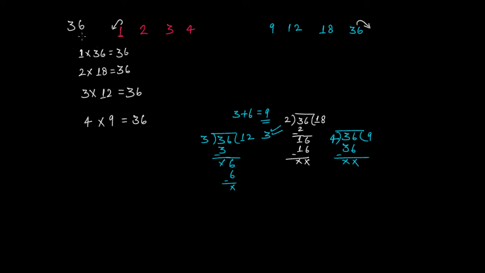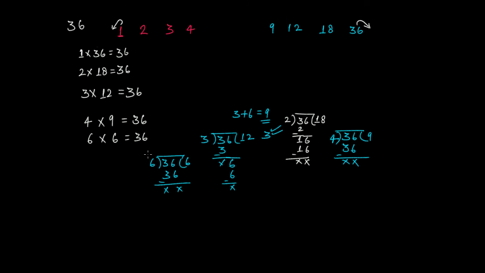Therefore, 36 will be divisible by 6. When 36 is divided by 6, you get 6, so 6 times 6 is 36.